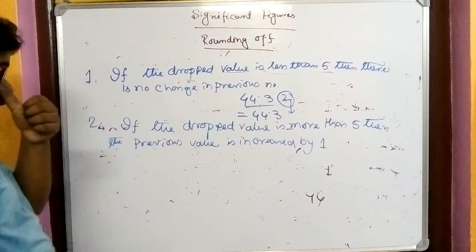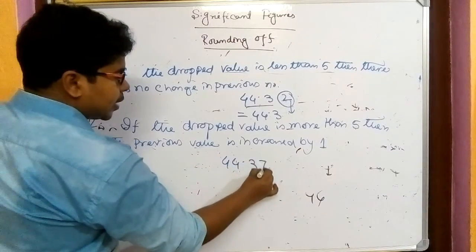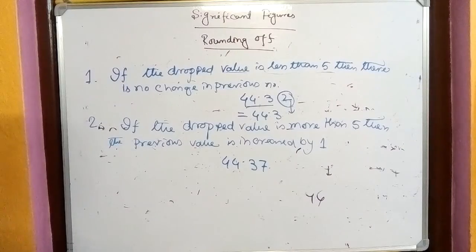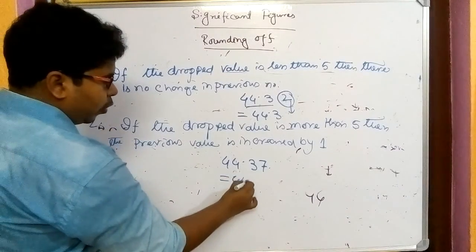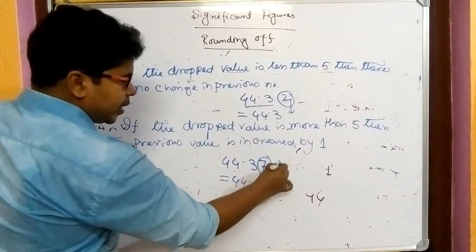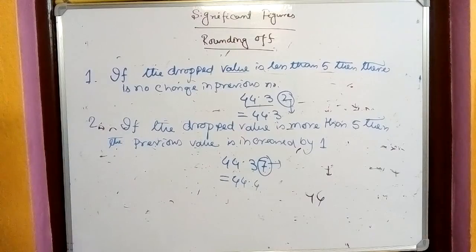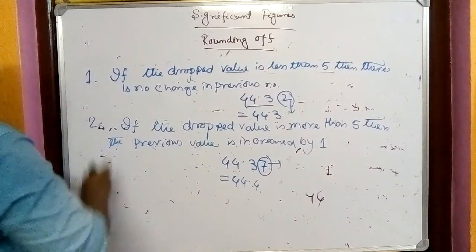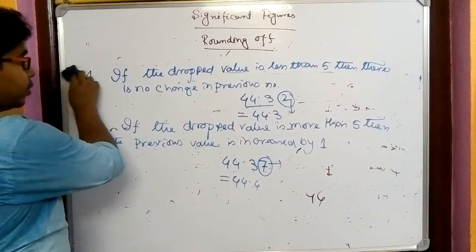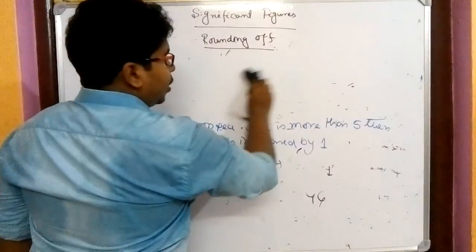That is also very common. Same question, 44.37, and if you want to round off to 3 digits, it will be 44.4 because 7 is the dropped value. It is more than 5, so it will be increased by 1, that is 44.4. Now I'm just erasing this one. If you want to write it, pause the video and write it down.